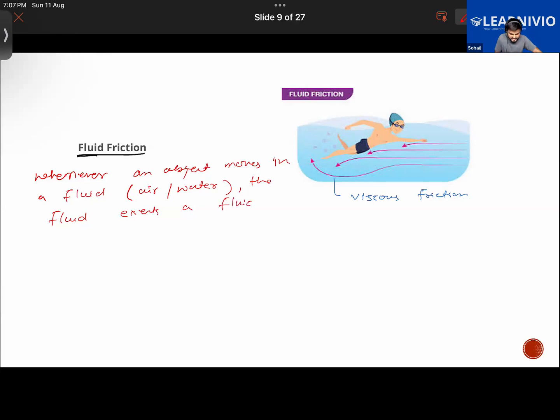We call that fluid friction. So the fluid will be exerting a fluid friction upon the object. That is one thing.